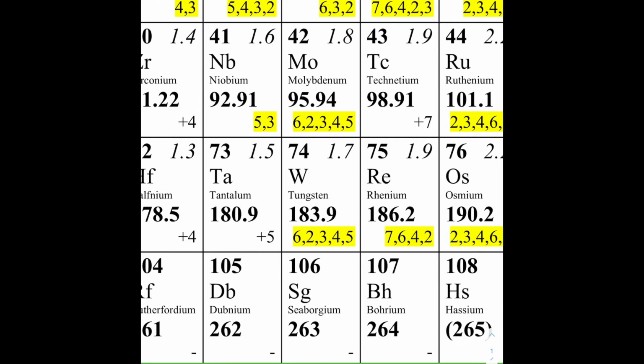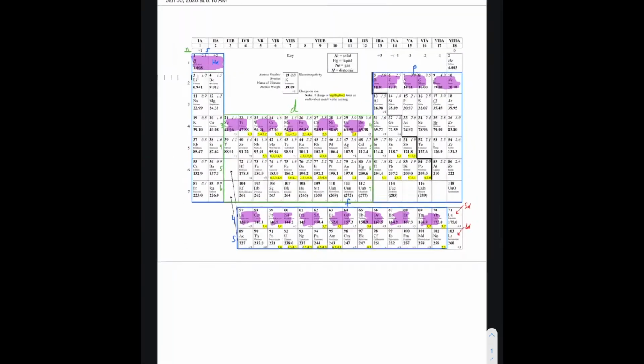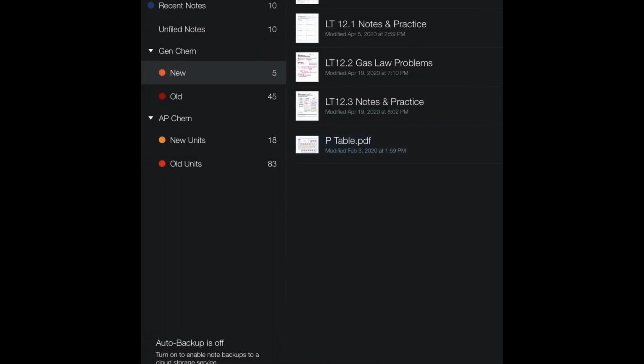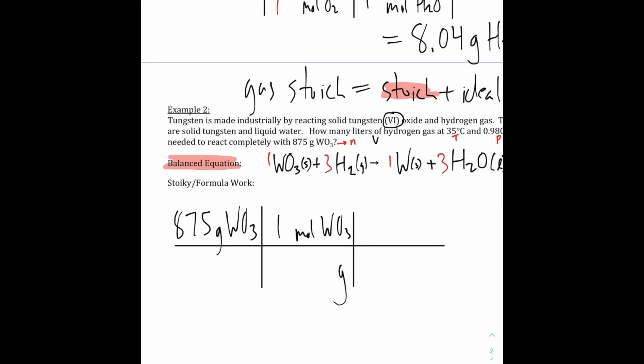W, that's the one that I have a hard time remembering. 183.9 plus 3 oxygens, so 3 times our 16. Okay, let's see. Back here, molar mass is 231.9.